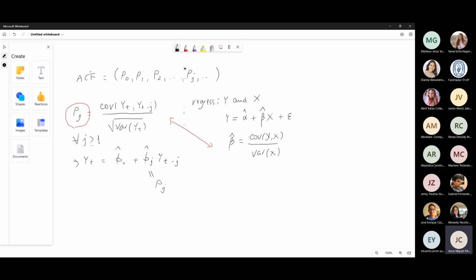So this is another way of computing the ACF, okay? Just running regressions and computing the coefficients. Alternative way of computing the ACF.